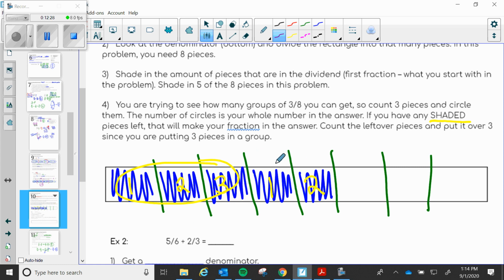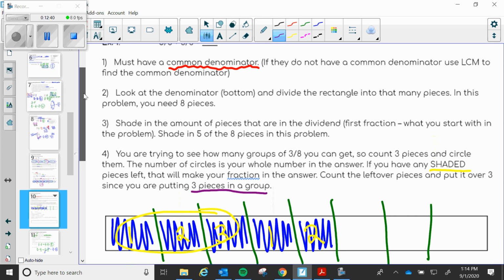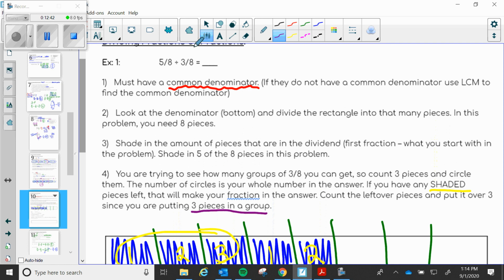And then I have my 2 leftover pieces. I'm going to put that number over 3 because, again, I'm putting 3 pieces in a group. So my final answer for this problem is going to be 1 because I have 1 circle, and 2 over 3 because I have 2 pieces left over that I could not put in a group of 3.